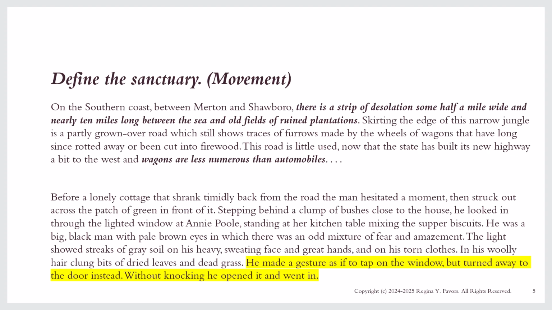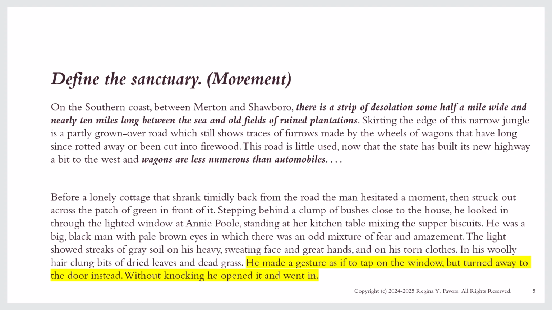On the southern coast between Merton and Shawboro, there is a strip of desolation some half a mile wide and nearly 10 miles long between the sea and old fields of ruined plantations. Skirting the edge of this narrow jungle is a partly grown over road which still shows traces of furrows made by the wheels of wagons that have long since rotted away or been cut into firewood.